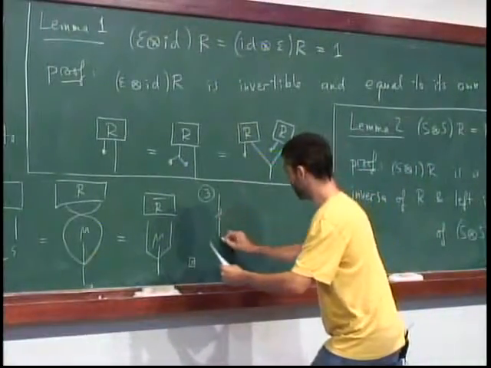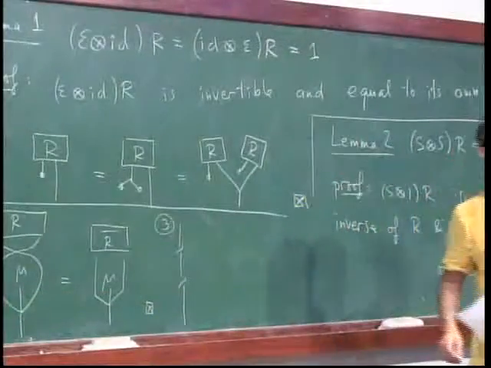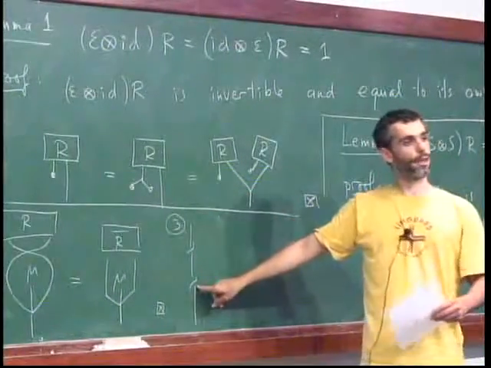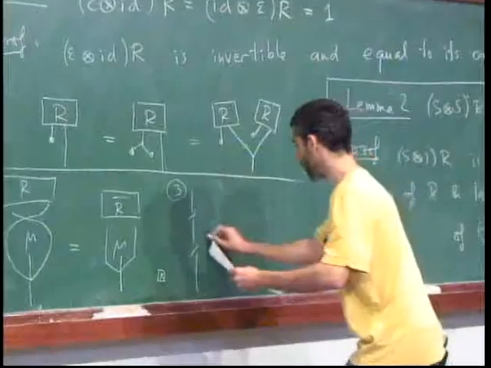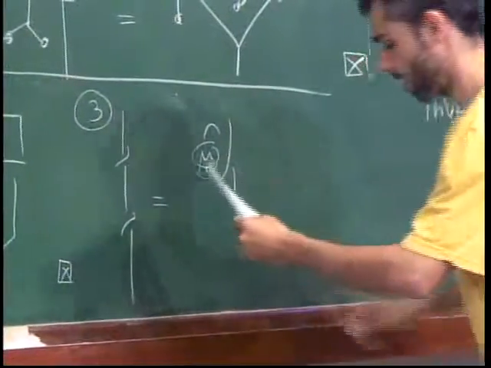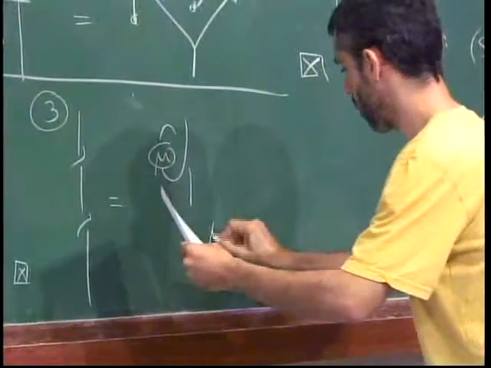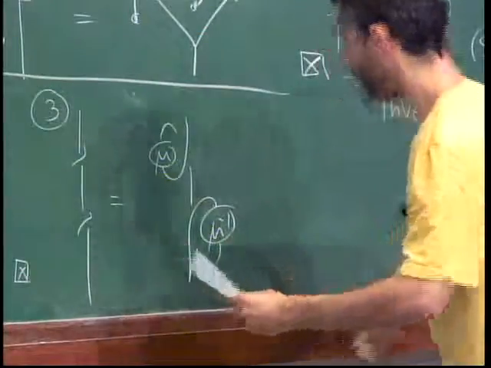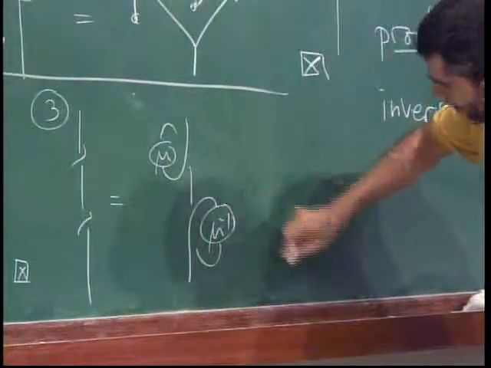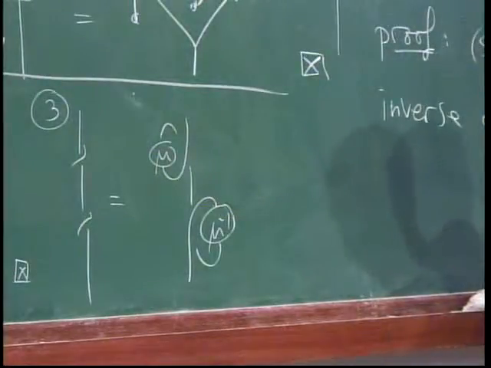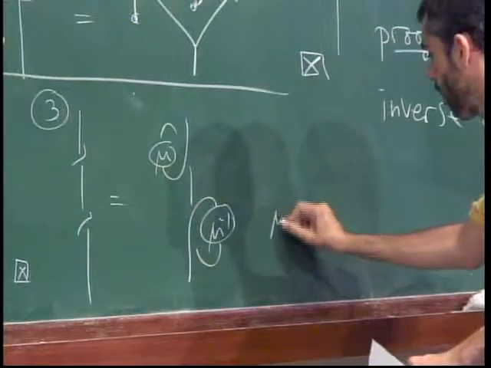So the double twist, well, I can use one of the definitions of the twist here and the other there. And if you do that, you end up with the following. So I have mu here, and there I have mu inverse. That was definition 1, and that was definition 2 of the twist. Well, now you move things a little bit.